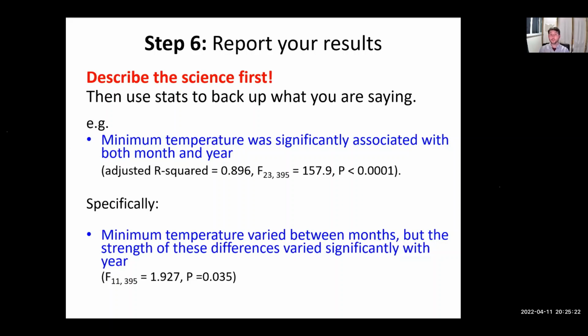So which year it was influenced the relationship between month and minimum temperature, and that can be flipped on its head as well. And so the relationship between year and minimum temperature depended on which month it was. So within a two-way interaction, you need to make sure that you're reporting what you want, but understanding that it works both ways.